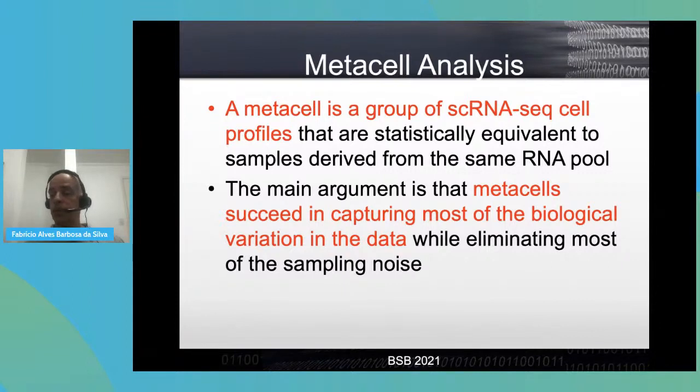So the MetaCell algorithm clusters single cells into metacells. And the main argument here is that metacells succeed in capturing most of the biological variation in the data while eliminating most of the sampling noise.